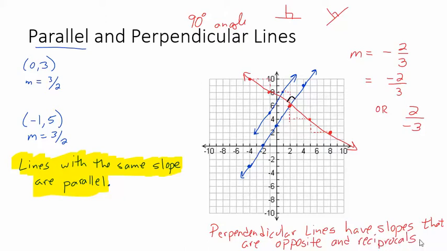They have to be opposites and reciprocals. So this is, no, that's too dark. This is another important fact that we need to remember. Perpendicular lines have slopes that are opposites and reciprocals.